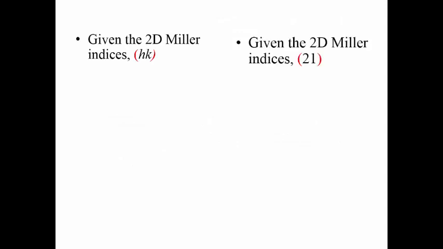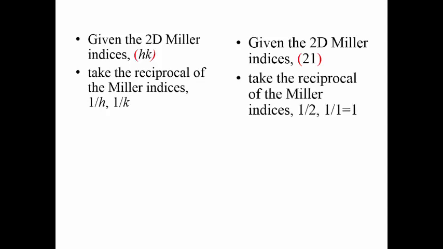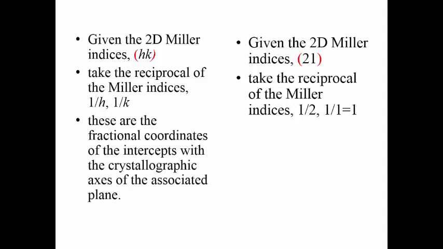So let's compare. We'll be given an example of (2 1). Now notice we have rounded brackets, not square brackets. So we take the reciprocals of the Miller indices. So the reciprocals of 2, 1 are what? Yes, they're 1/2 and 1/1, which is equal to 1. And then these are the fractional intercepts.